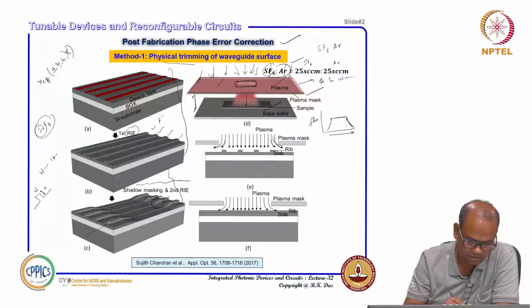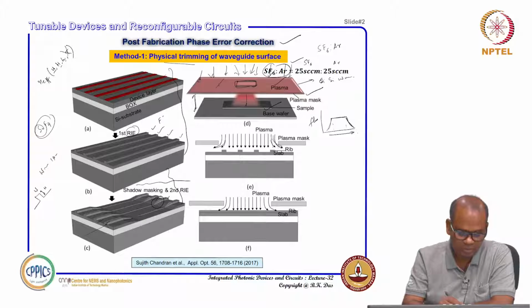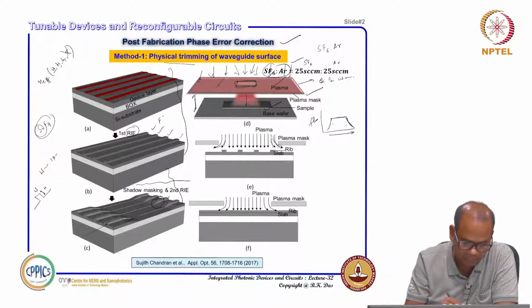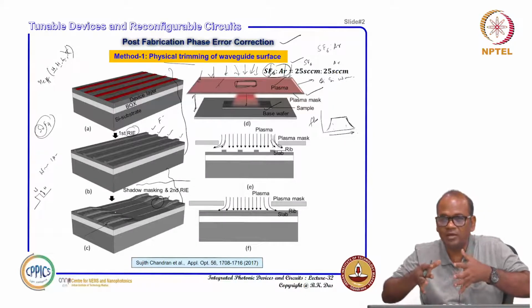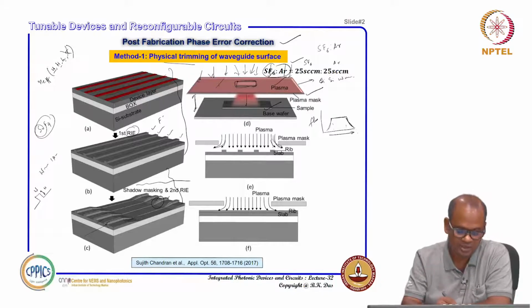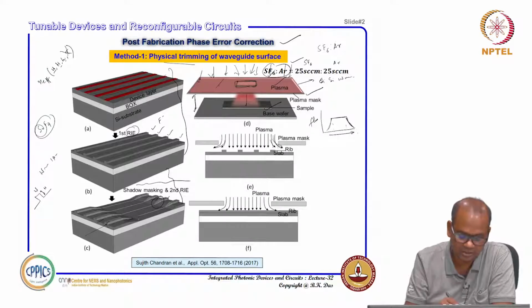You can expect that on the input side, this waveguide has a larger cross section, so the mode size will be higher. If it is adiabatically tapered, trimmed, then the mode size will adiabatically shrink to fit the trimmed waveguide dimension, where it can be guided, and you can take it out again.